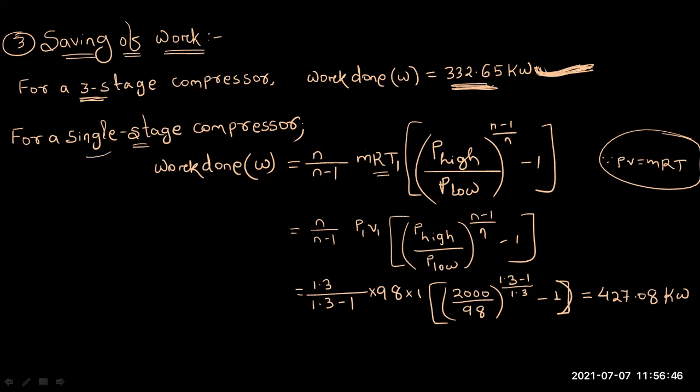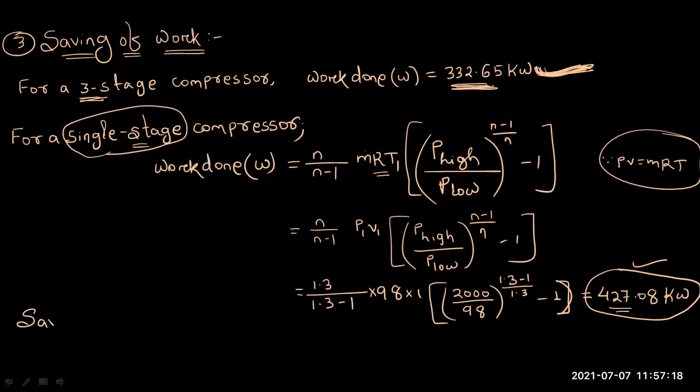For a single stage compressor, how much work we have to do? 427.08 kilowatt. For 3-stage, how much work do you have to do? 332 kilowatt. So how much work can we save?